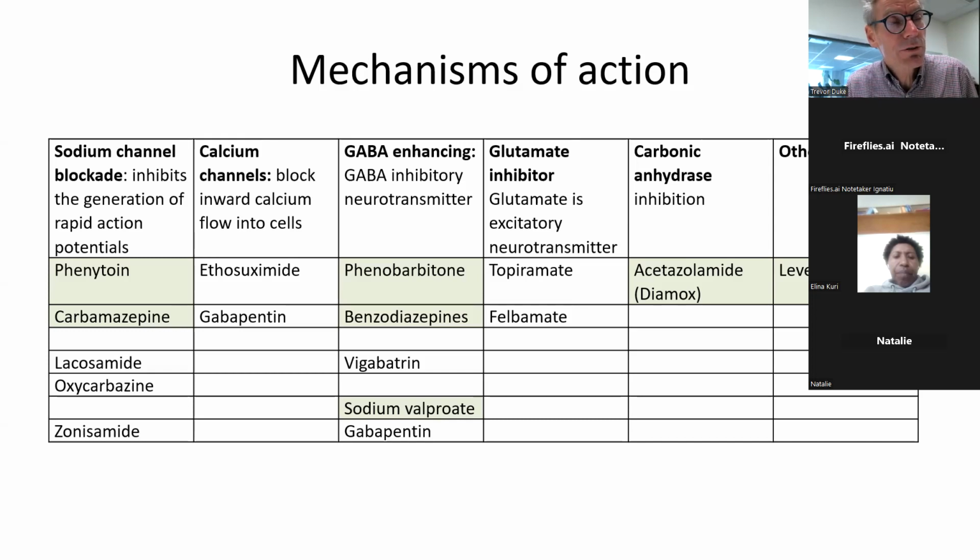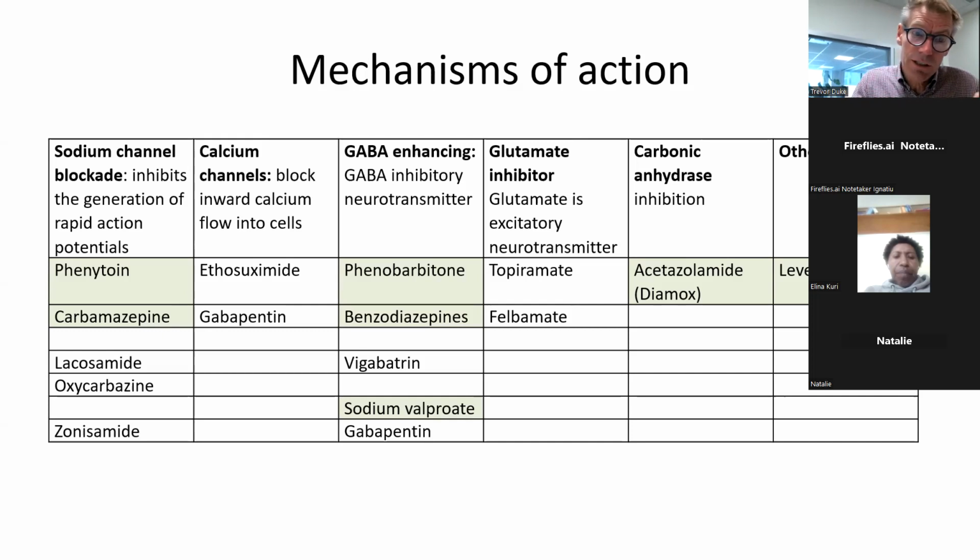There are different mechanisms of action. I suppose it's first important to say that we don't always know the exact mechanism of action of any anti-epileptic drug. We sort of have some idea of one or two mechanisms of action of these drugs, but we don't know precisely what the mechanism of action is. But you can put them into various categories, and there are drugs that cause sodium channel blockade.